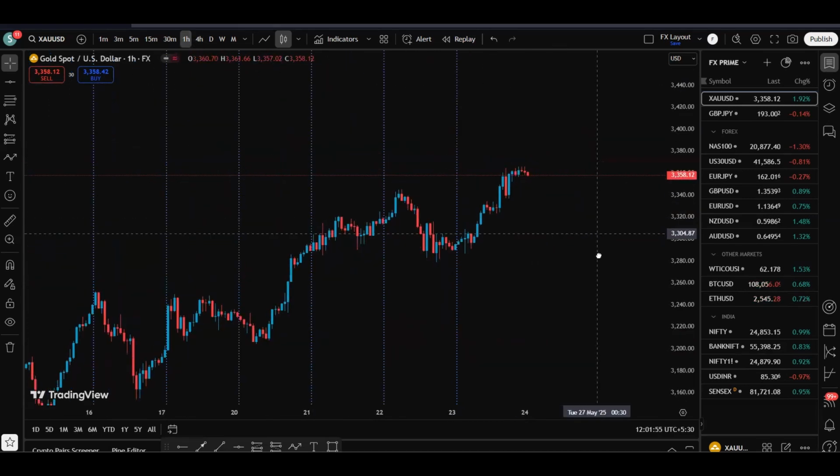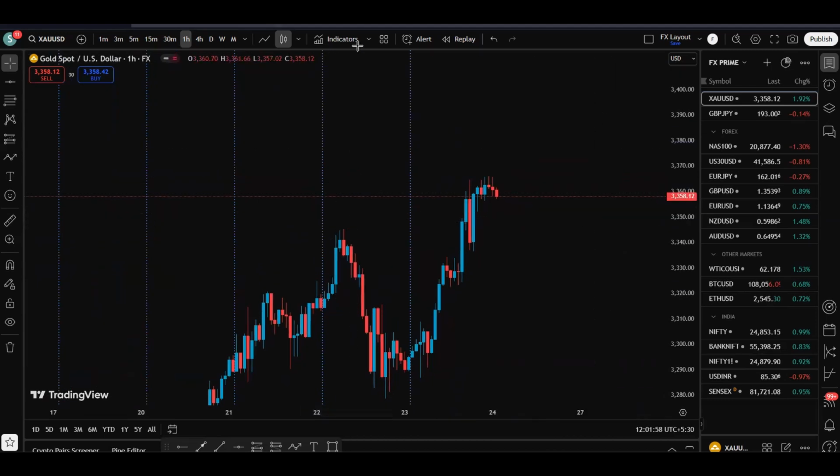Now on the 1 hour time frame, if we see the market structure, we can see that we have this resistance, we have this support, and below this support, we have clean range here as well. So if we get a 1 hour candle close below this support, there is a pretty high probability for the price to continue going down to the next support, which is right here.